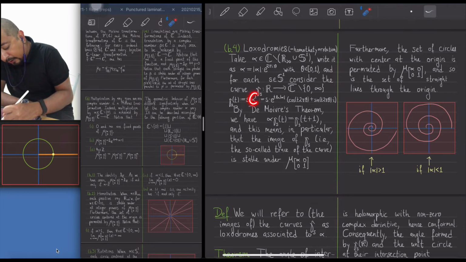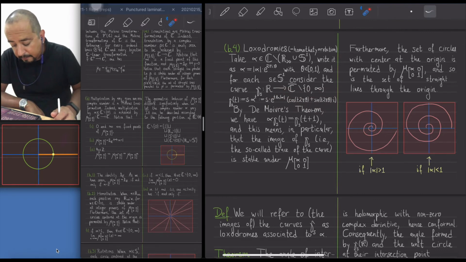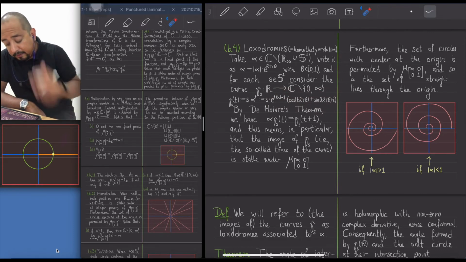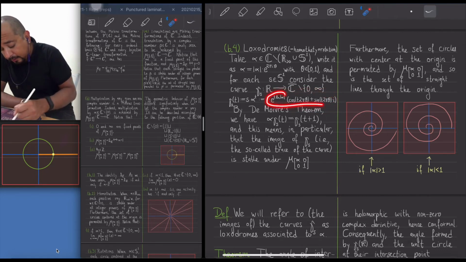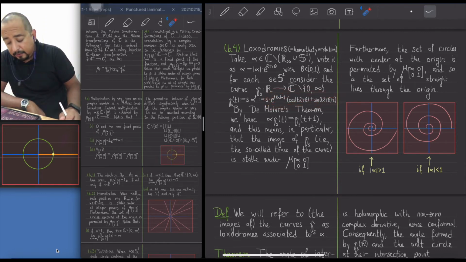By the way, alpha to the t we define as this. I take this as a definition of alpha to the t. Because alpha to any integer always makes sense, and we can make sense of alpha to any rational number. But how about alpha to an irrational number? Something has to be done, and that's what we do. I'm sure you saw this in your basic complex analysis courses.